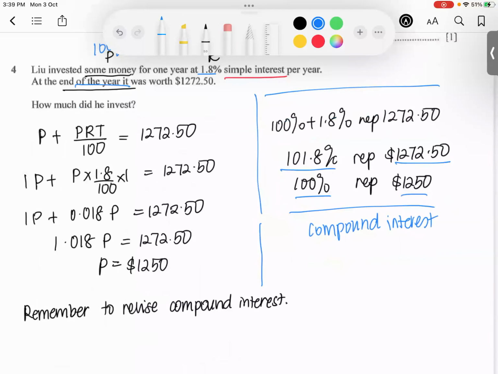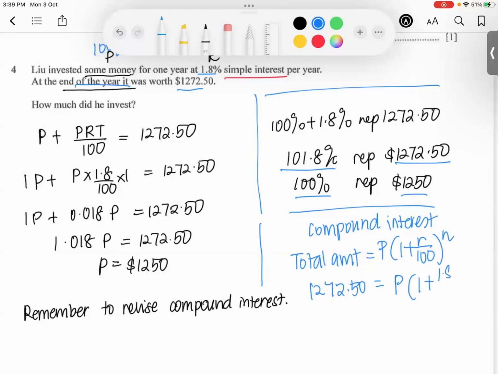If that's the case, remember your formula: total amount equals P(1 + R/100)^N. If they give you that the total amount is 1272.50, principal I do not know, interest rate 1.8%, and to the power of, maybe they say, for example, 3 years. So 3 times.